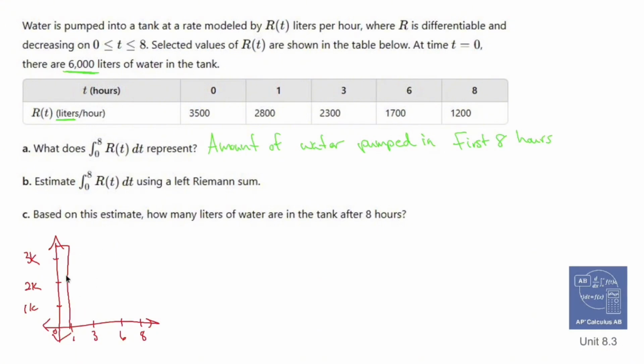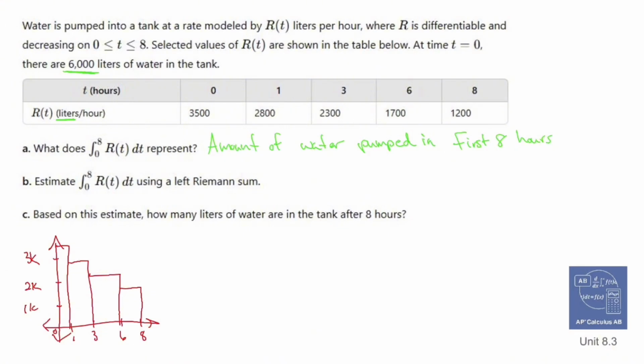So what else am I doing? At 3, I'm focusing on the fact that R of 1 is 2.8K, so somewhere up here, that's going to look like that. At 6, I'm focusing on the fact that R of 3 is 2.3K, so somewhere up here. And at 8, I'm focusing on the fact that R of 6 is 1.7K, so somewhere up here.